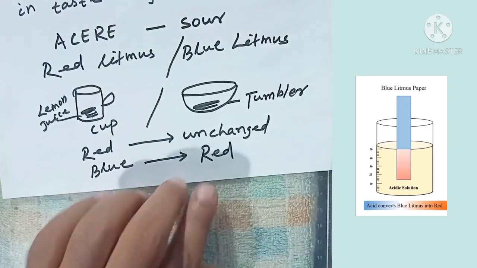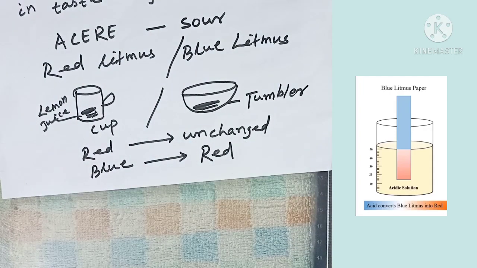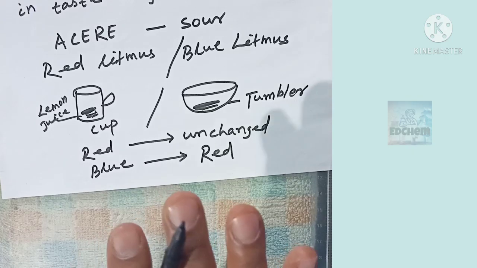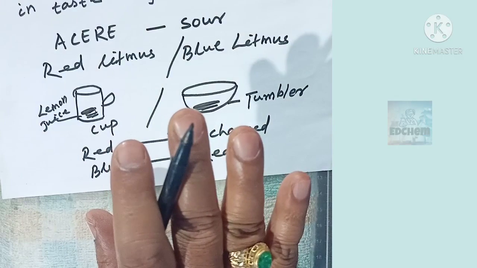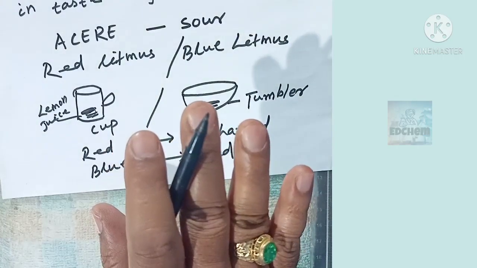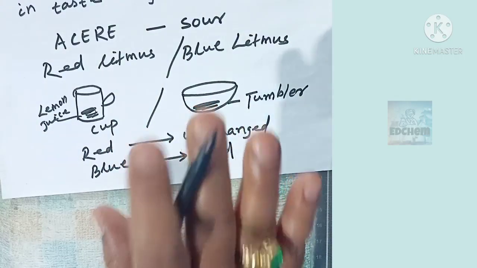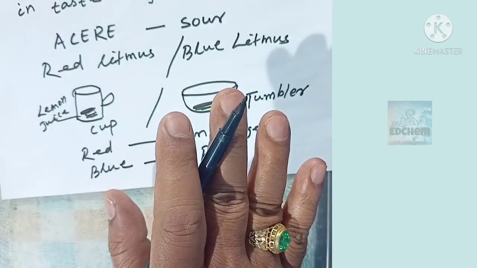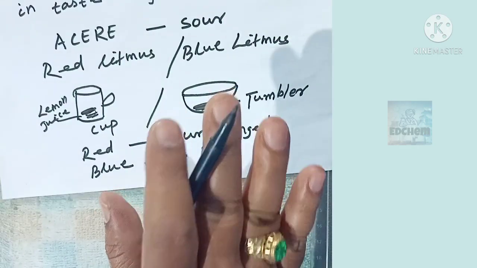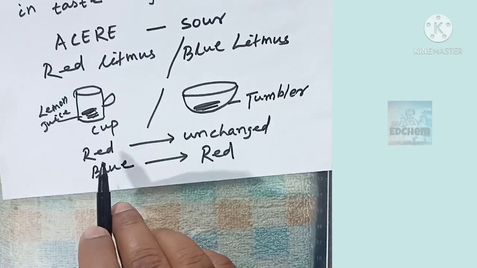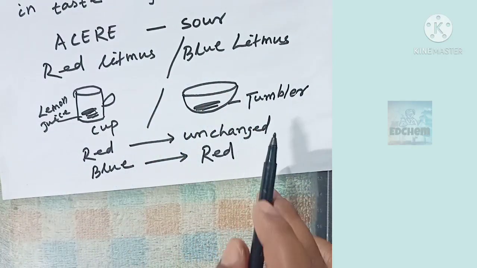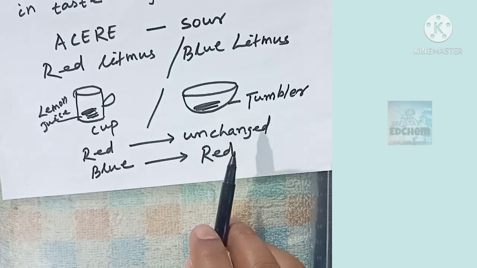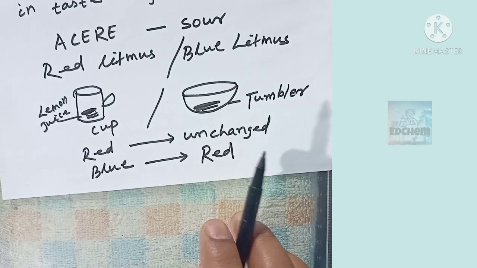It will turn red. Then do the same type of activity with tamarind juice or any acidic juice. Here also we will find the same result. Red will remain unchanged. Blue litmus paper will turn red.